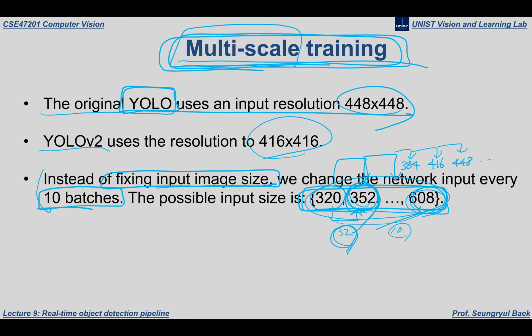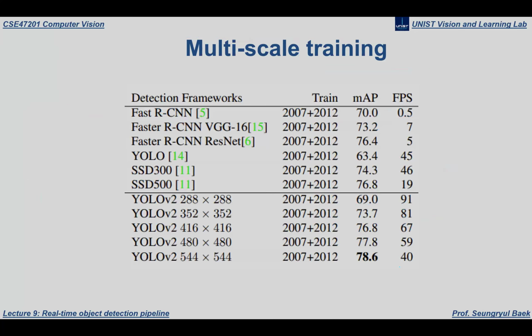This multi-scaleness is important for the object detection task. After that, they also do inference using different sized input images. So after training the network with multi-scale training, they do inference with different sized inputs.